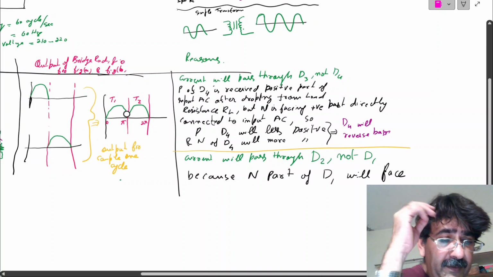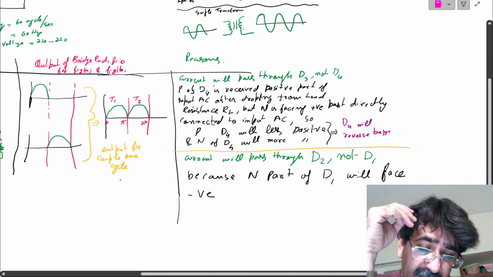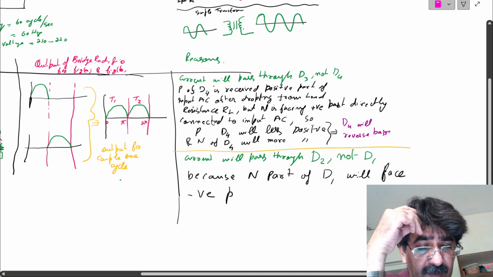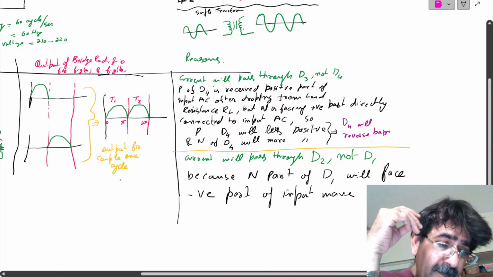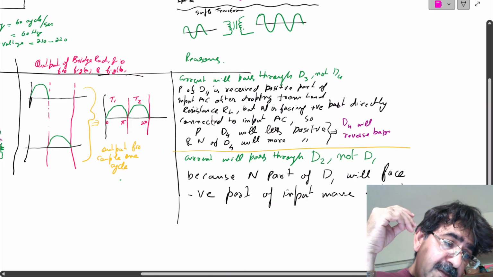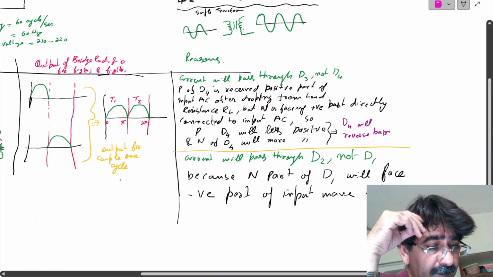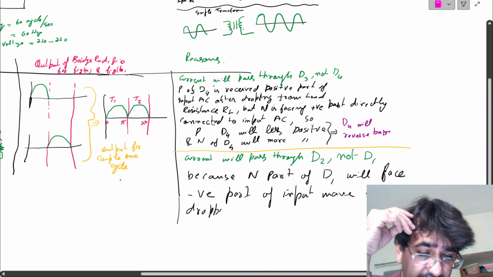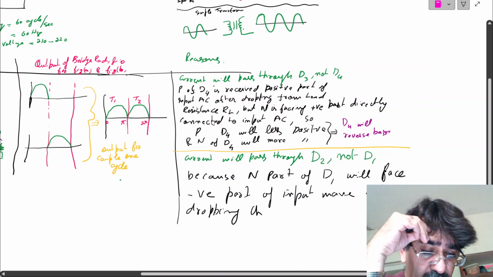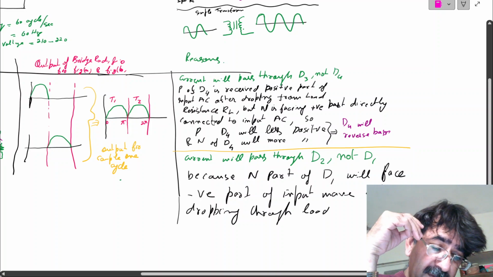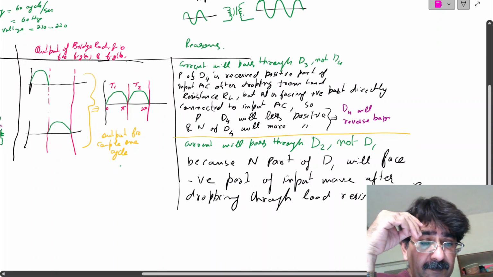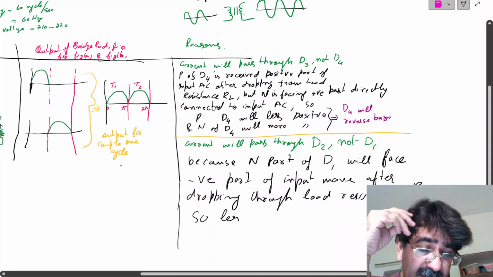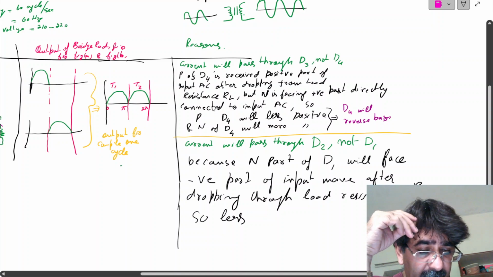D1 will face the negative part of the input wave after dropping through the load resistance RL, so it is less negative because it is dropped due to the load resistance.